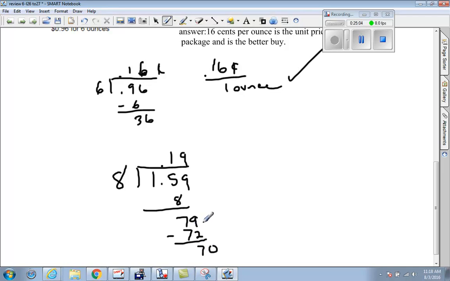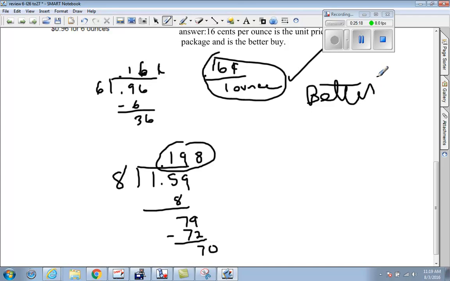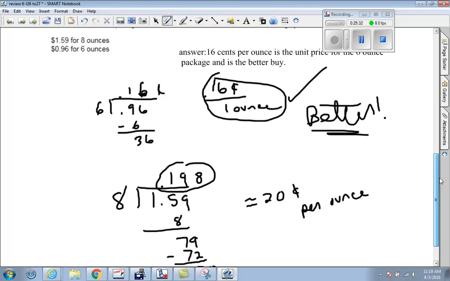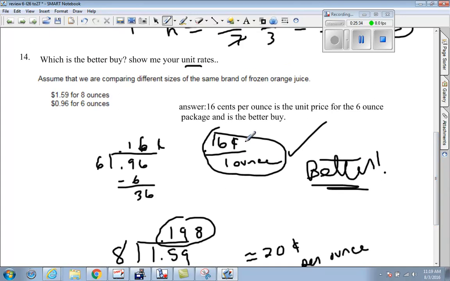An 8 into 70, about 8. So right there, no matter what, this unit rate is higher. So this is the better buy. Because here we're close to 20 cents per ounce. And here we're only 16 cents per ounce. So this one's better. So long story short, the lower unit rate, the cheaper unit rate, is the better buy.